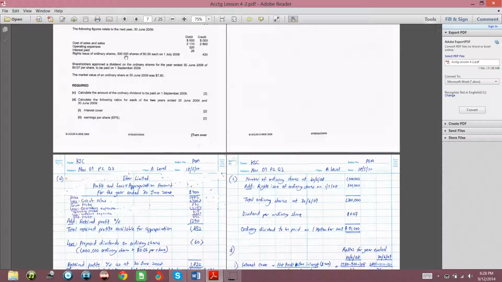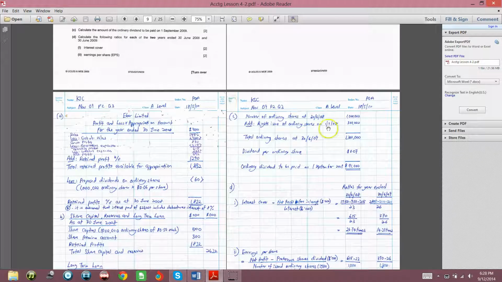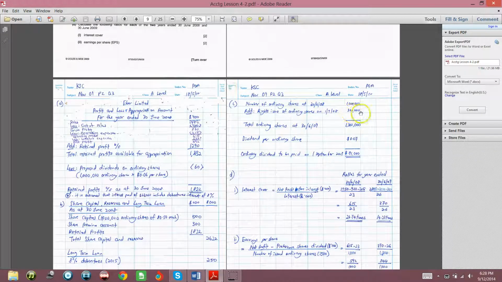The number of ordinary shares through the rights issue is 300,000 on 1 July 2008. So that will give you the total.